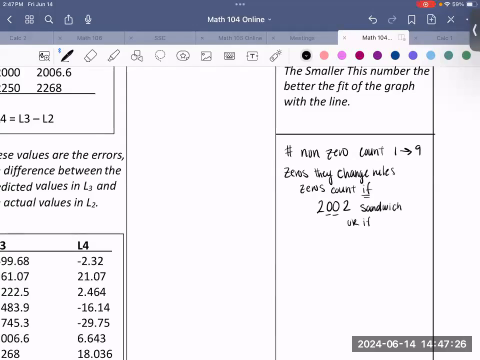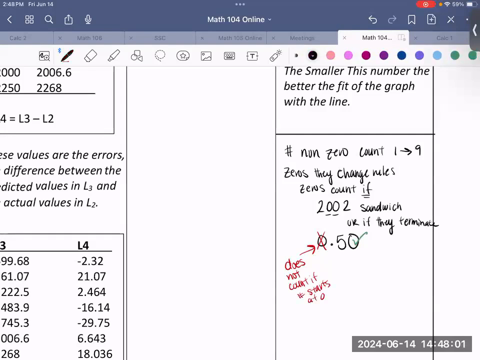Or if they terminate. So things like 0.50, right? This one counts because it terminates. This one at the very front does not. It does not count if the number starts at 0.